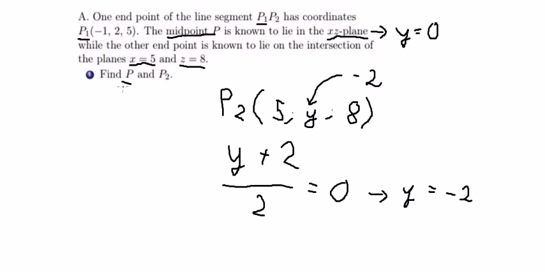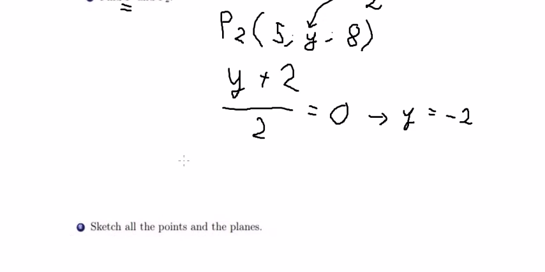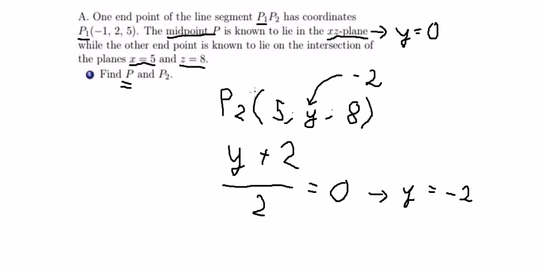Now let's go to the midpoint P. We have 5 and negative 1, so we can find the value of x. That should be negative 1 plus 5, divided by 2.